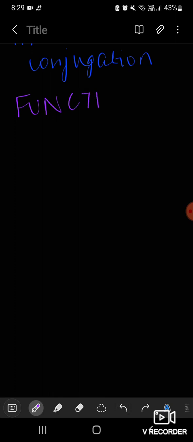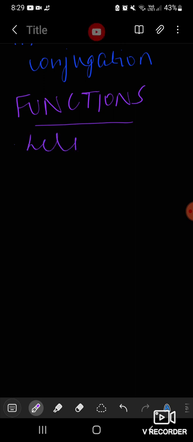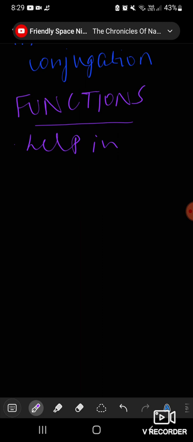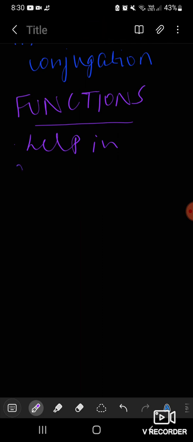So these help in adhering or sticking to the host cell.